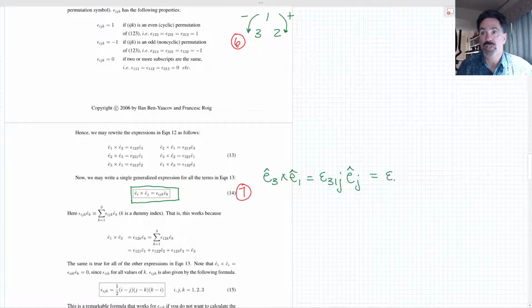So this just leaves me with epsilon 3, 1, 2, e hat 2, and now I look at this and see it goes clockwise, 1, 2, 3, so this is equal to e hat 2. We did examples like this. I think this is a useful tool, and I would certainly know that one.